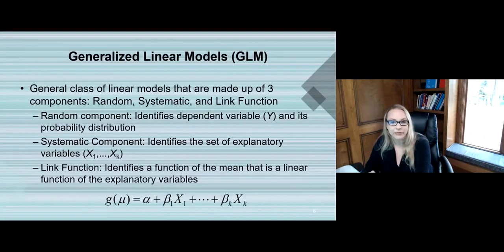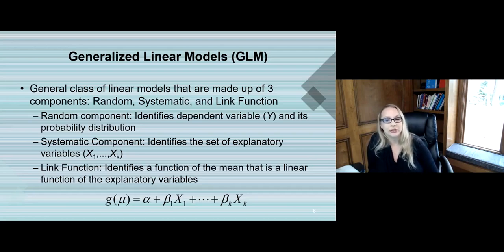Now that we have had a brief introduction on GLM using a Poisson distribution, let's go into it a little bit more formally. Generalized linear models are a general class of linear models that are made up of three components. We have a random component, a systematic component, and a link function. The random component identifies the dependent variable y and its probability distribution.